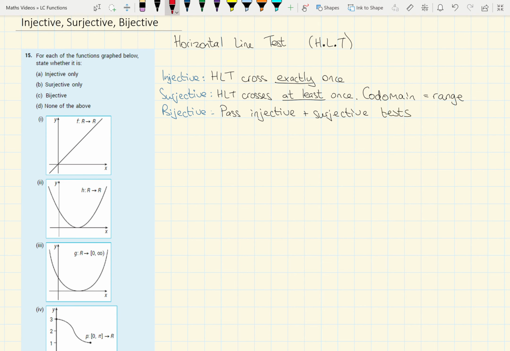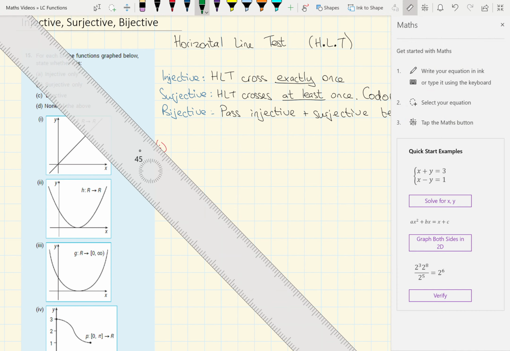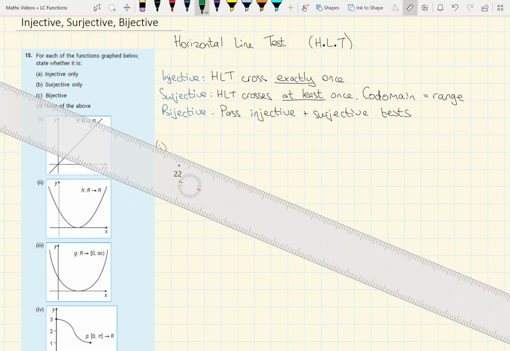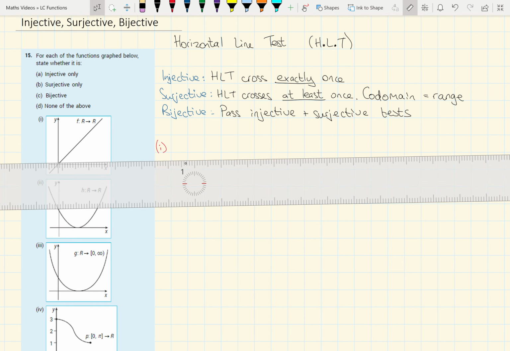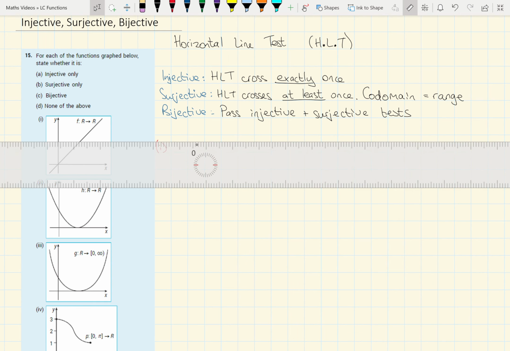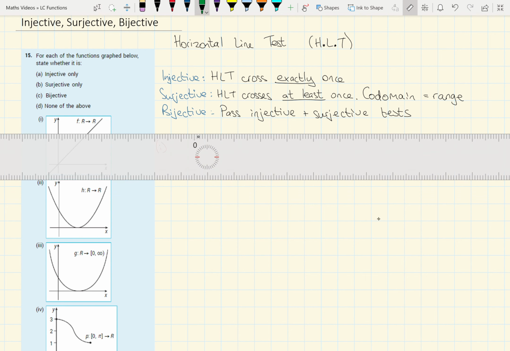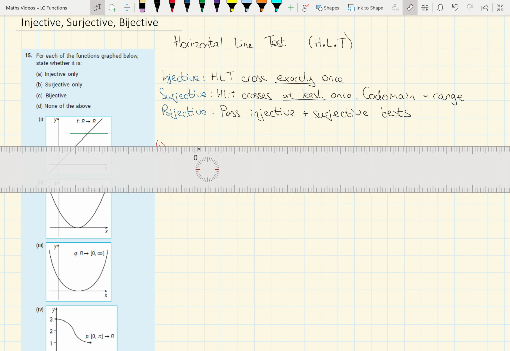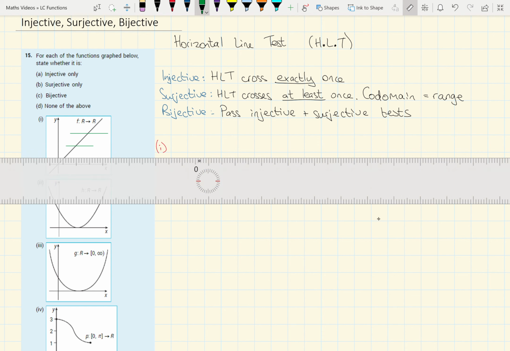Okay, so if we look here at part 1, we've been asked if it's injective only, surjective only, bijective, or none of the above. Our first thing to do is our horizontal line test. I'm going to draw my horizontal line, and because it's a linear function, wherever I draw my horizontal line, it'll only ever intersect with it once.